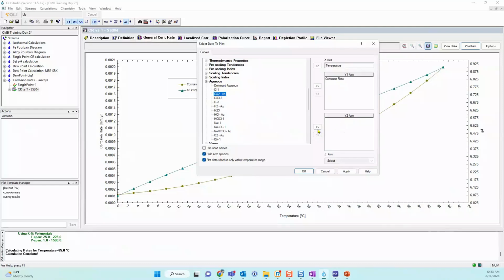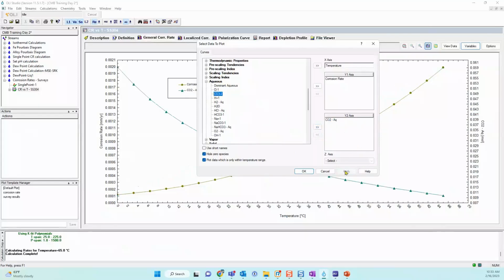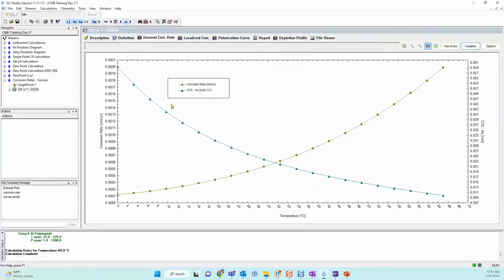So I select it and I use the arrow to go to the Y2 axis and then click apply. And then you'll see now changes here. The pH is no longer there. I'm adding the CO2 aqueous composition.